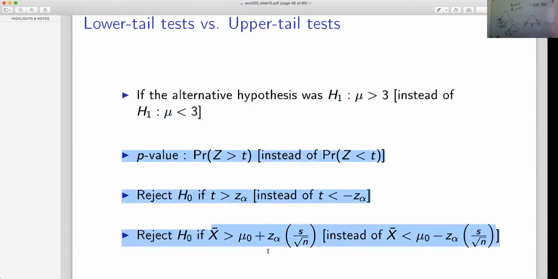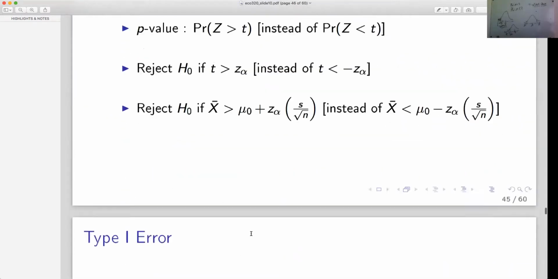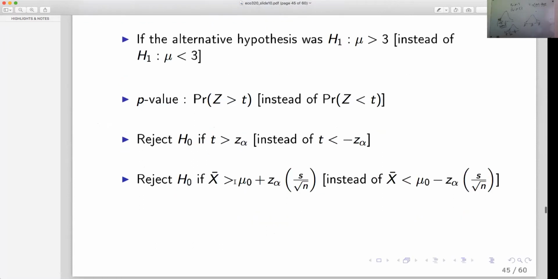The p-value and these are changed, but the result didn't change. The result can change depending on your sample size, but the idea didn't change. Make sure you understand how the question might have been changed.